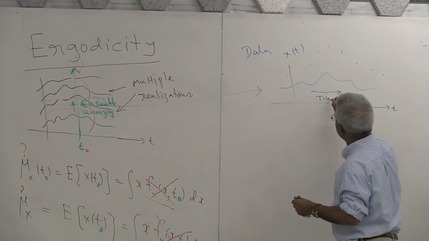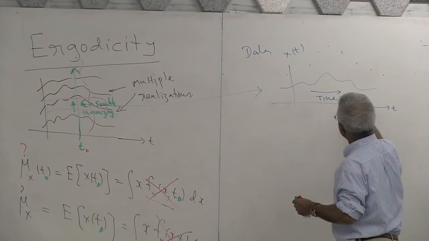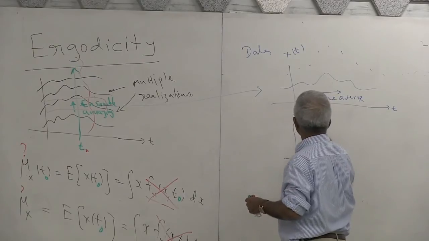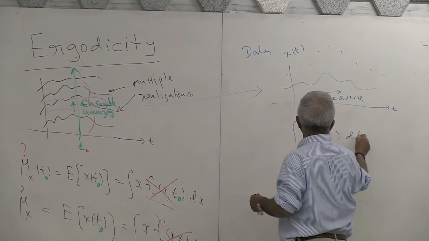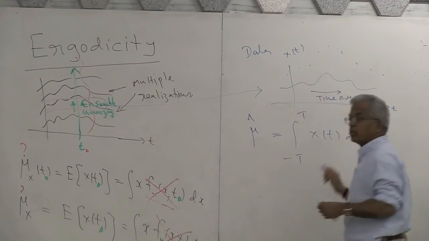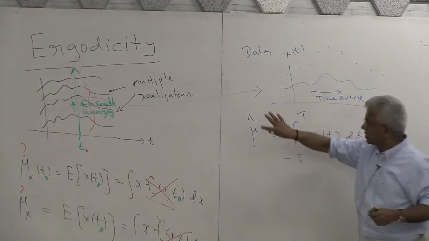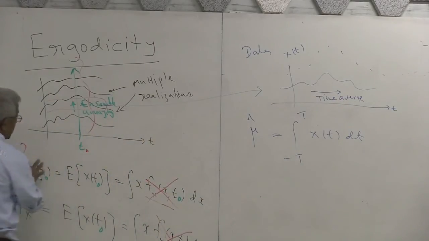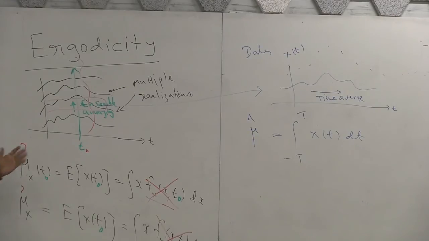This is the time average. In other words, can I do this? Of course you can do it, you'll get something. The question is, how close will this quantity be to this? Look at how ridiculous the question is.